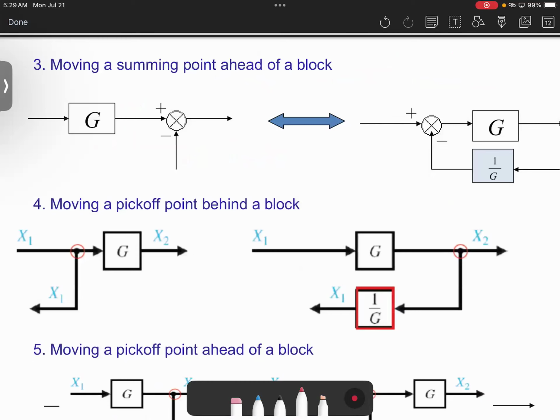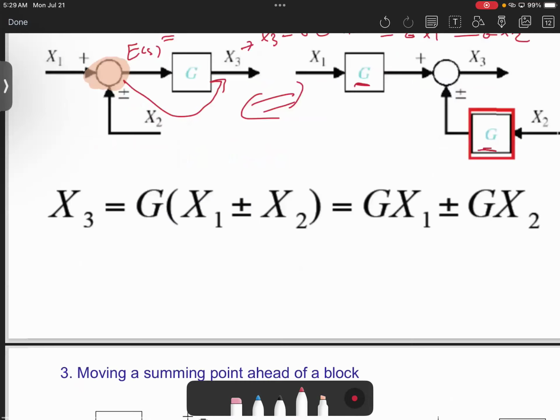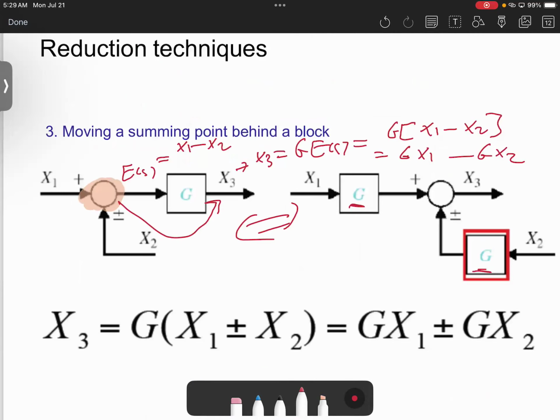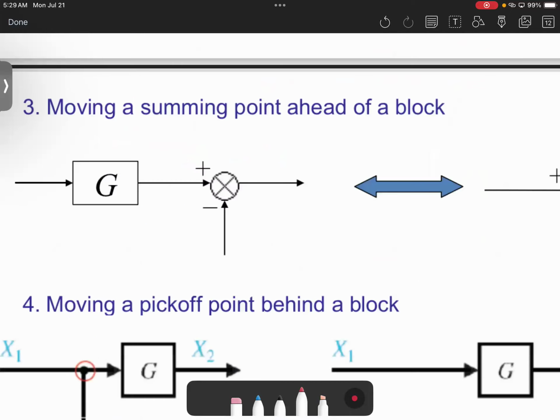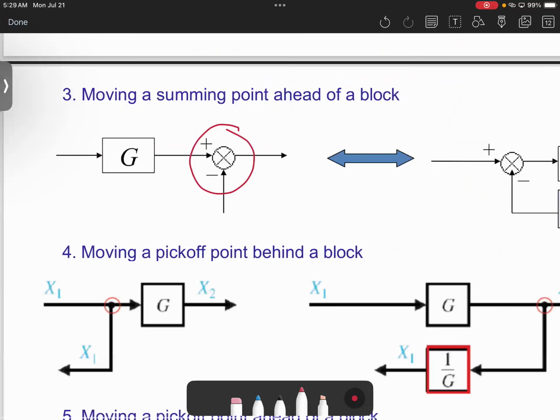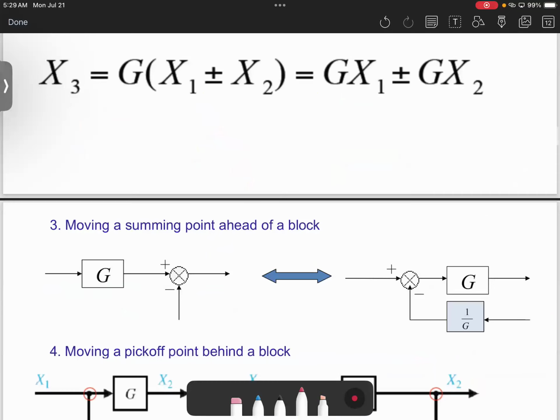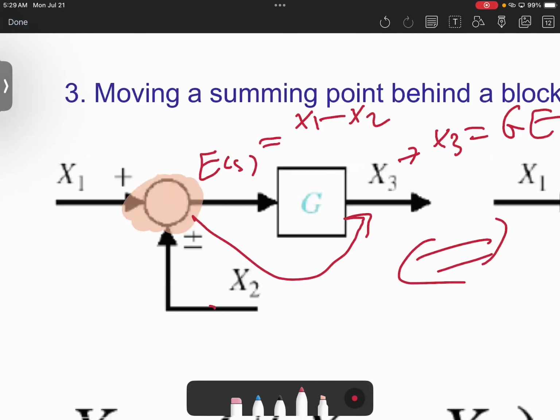Moving a summing point ahead of a block. Now assume the opposite. Here, the summing block, it was in the back, we moved it forward. Now it is forward, we move it back. We will move it here. So if we need to move it here, when we move it forward, what we did, we multiplied by G here, and we multiplied by G here, right?